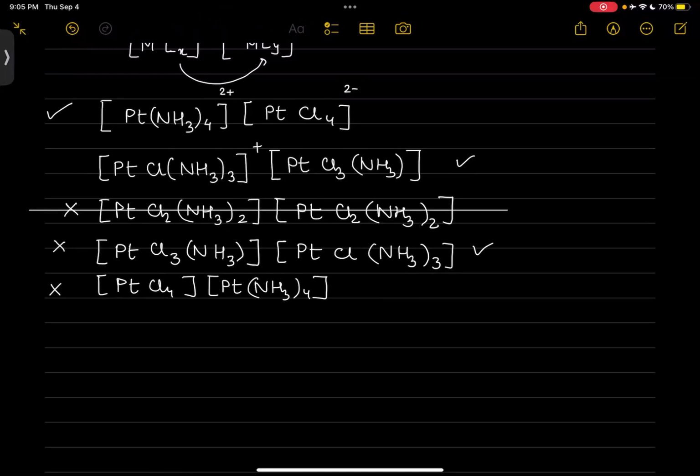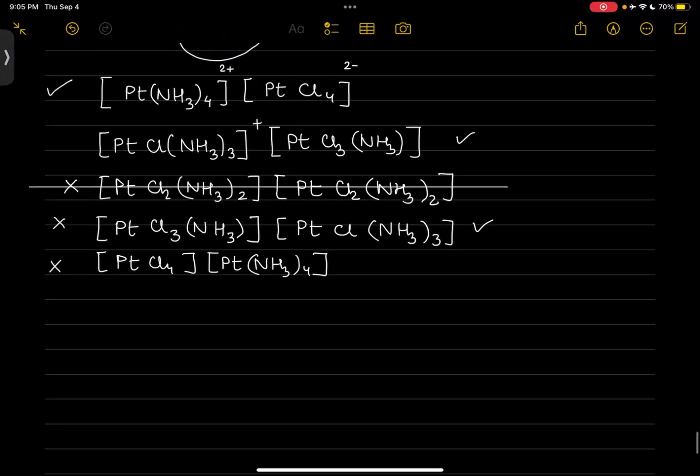Same is the case with the first one and the last one. Look, PtCl4 and [Pt(NH3)4]. If you try to swap them, they are just the same. PtCl4 I have written first, and Pt(NH3)4 I have written afterwards.